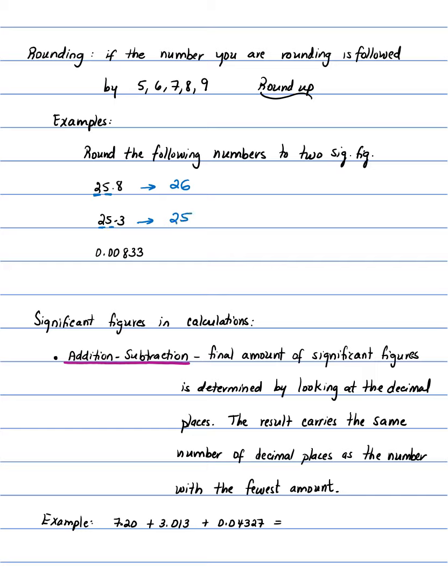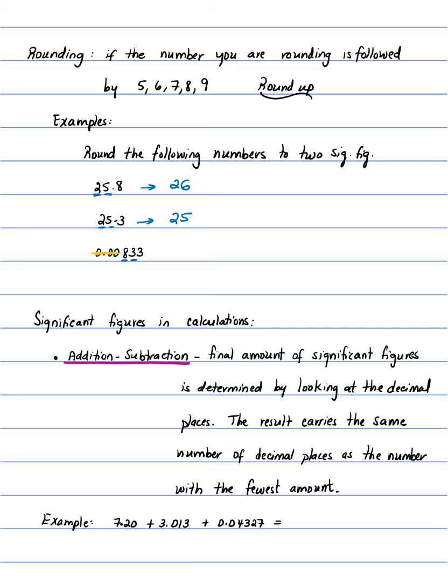Now the last one, we're rounding to 2 significant figures. In the number that I'm showing you there, you have leading zeros. The leading zeros are not significant. In that number, the first significant digit is the 8 and then 3.